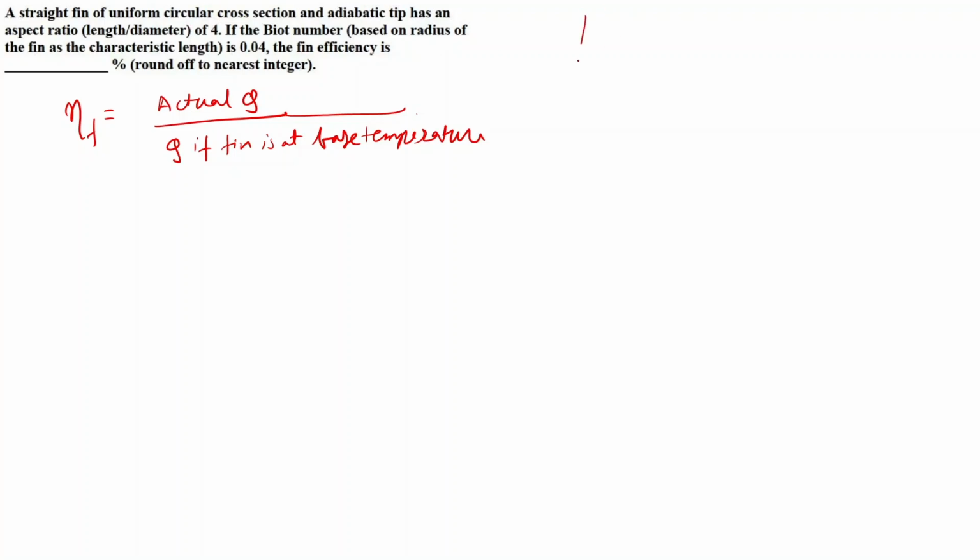Okay, so in this question, we have been given a straight fin of uniform circular cross section. So we basically have a cylindrical fin here, and let's just consider the diameter of that fin is D and length is L. It has an adiabatic tip, which means no heat exchange occurs through this surface, so delta Q is equal to 0.